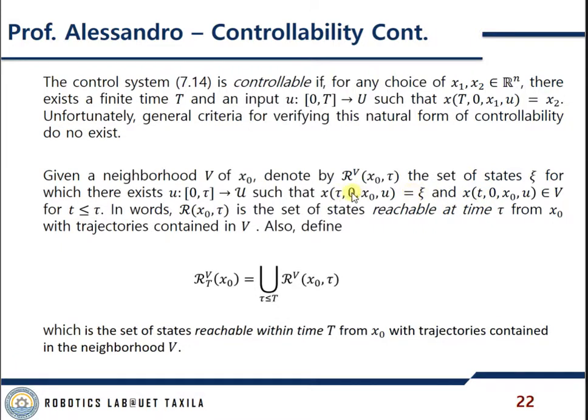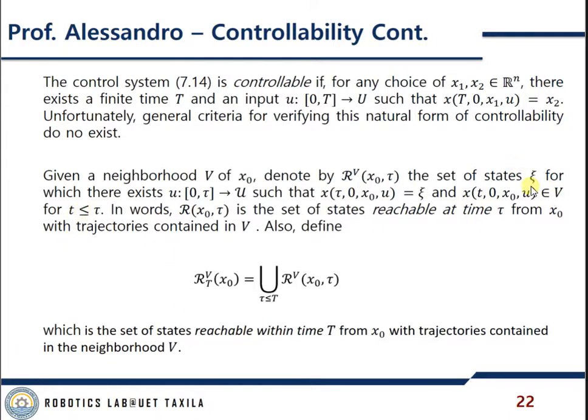So that's what it means, that we have some states psi we can reach from x0 to psi within some time interval tau to 0, and the important thing is that x(t) at time t from 0 to t, from x naught with u, belongs to the neighborhood v of x naught for t less than tau.